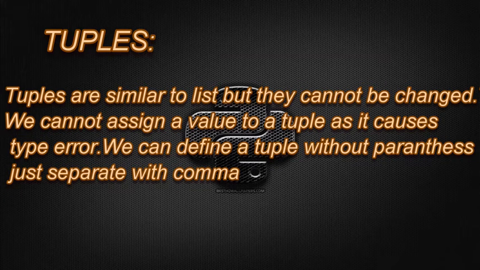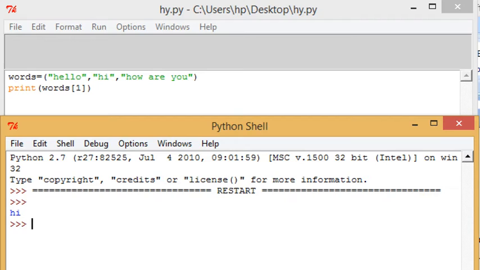Another type that we have in Python is the tuple. Tuples are similar to lists, but they cannot be changed. This means we can just assign some values; we cannot reassign a value, we can just define some values. The difference between tuples and lists is that tuples are defined using parentheses.